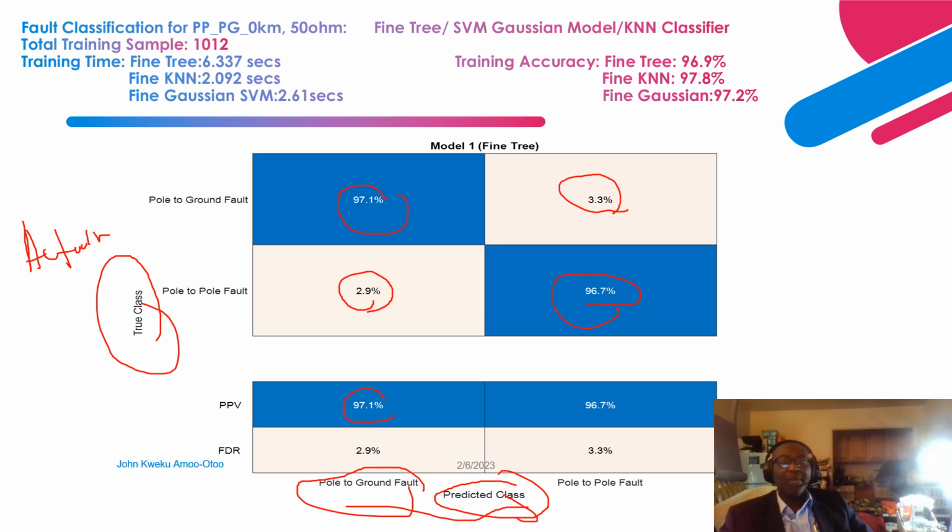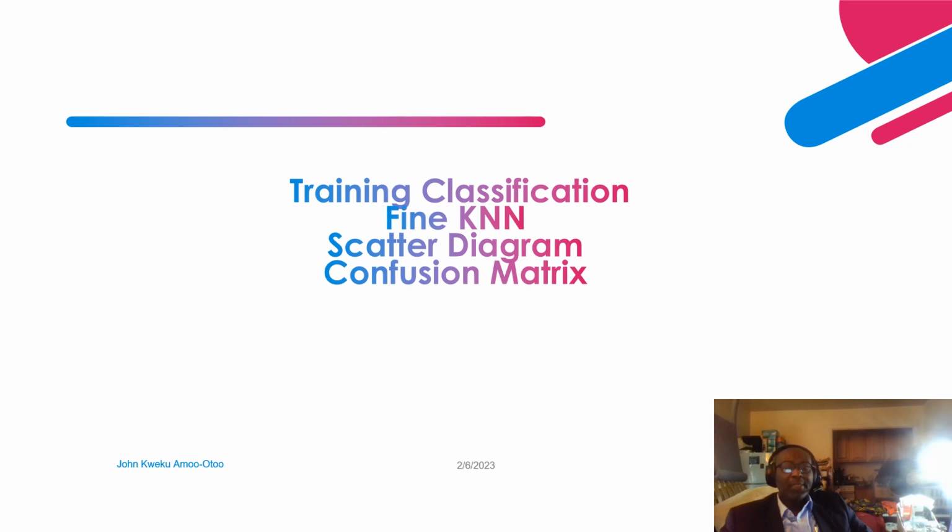Basically the percentages that you see over here are the overall combination of all the percentages, and there's a formula for that. Now let's take a look at the fine K-NN algorithm. We'll take a look at the scatter diagram and the confusion matrix, similarly to the fine decision tree.